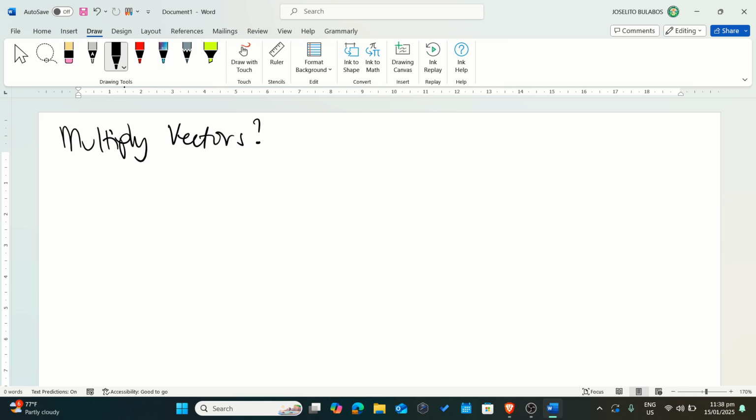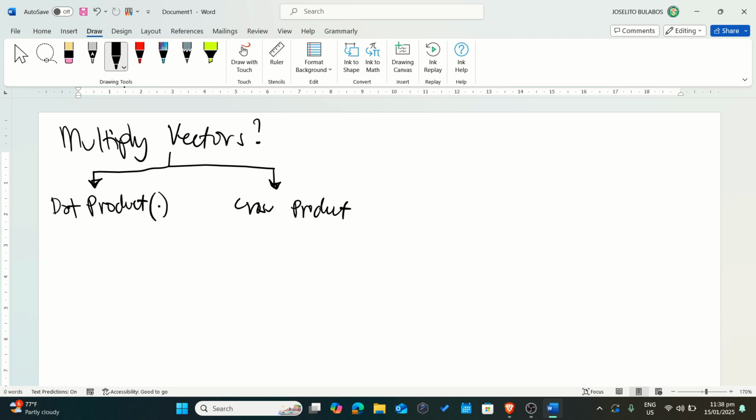When we multiply vectors, we actually end up with two kinds of products. One is what we call the dot product, and the other one is the cross product. So this is the dot product, and this is our cross product.